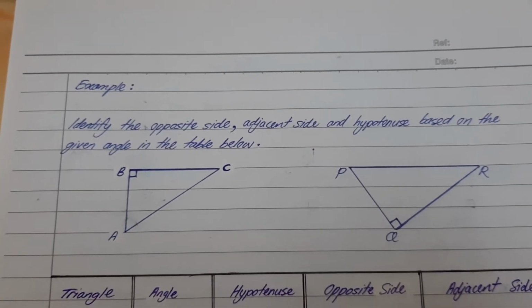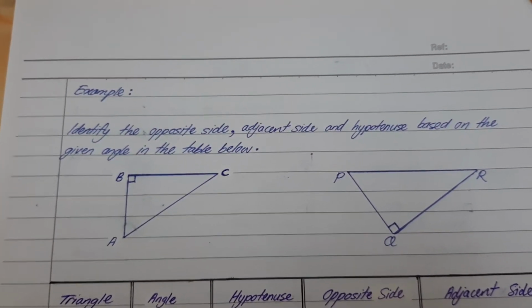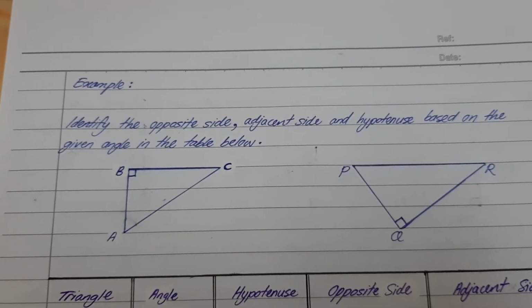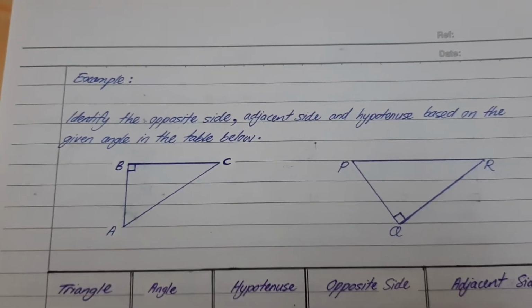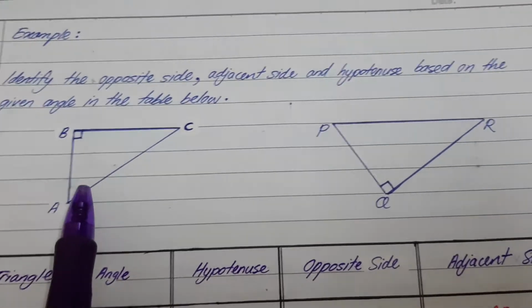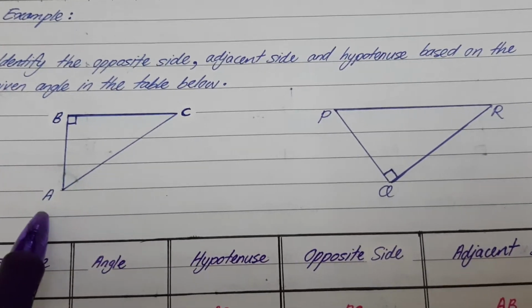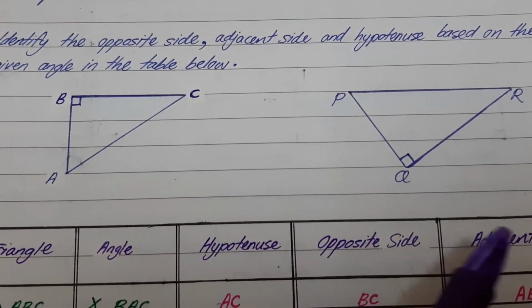I would like to show you one example. Identify the opposite side, adjacent side, and hypotenuse based on the given angle in the table below. Here I have given two triangles: triangle ABC and triangle PQR.